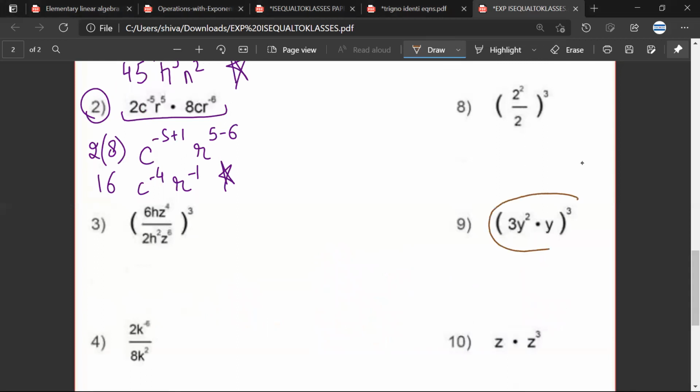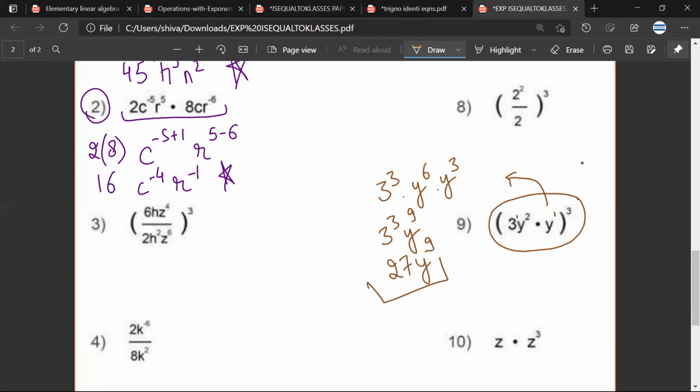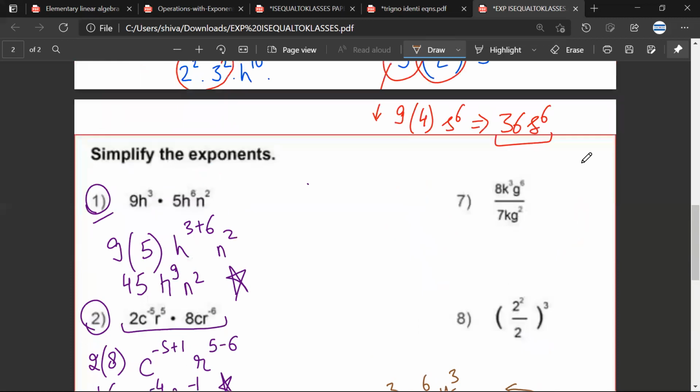How should I do this, Mr. Satya? 3 raised to power 3 and y raised to power 6 and multiplied by y raised to power 3. The y's will get together. So the answer would be 3 raised to power 3 into y raised to power 9. Mr. Sarthak, any doubt?